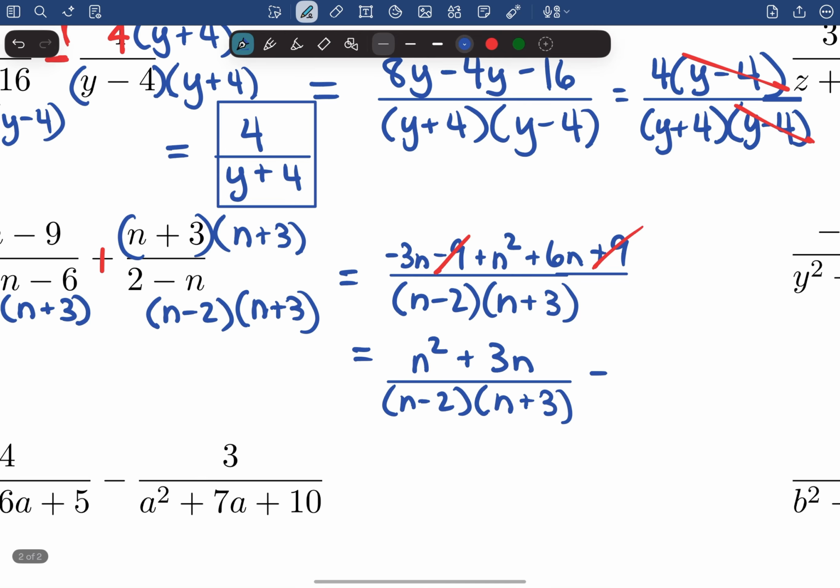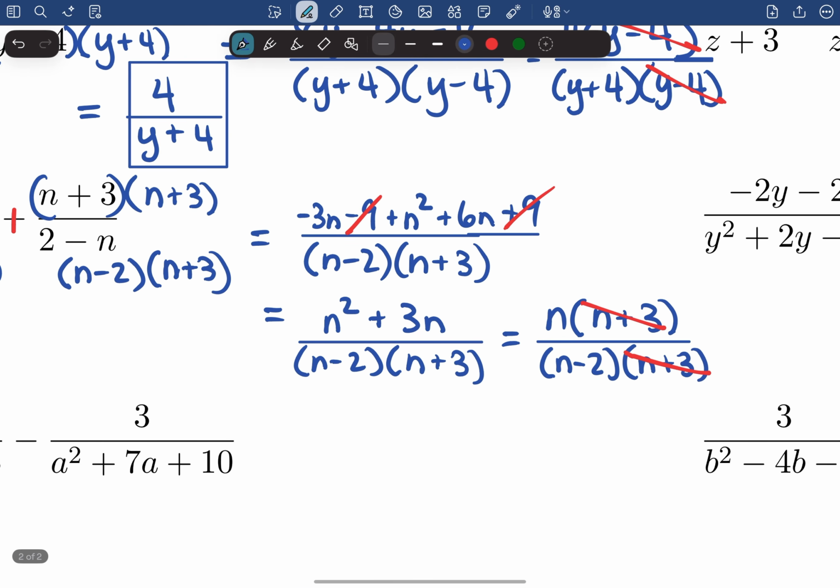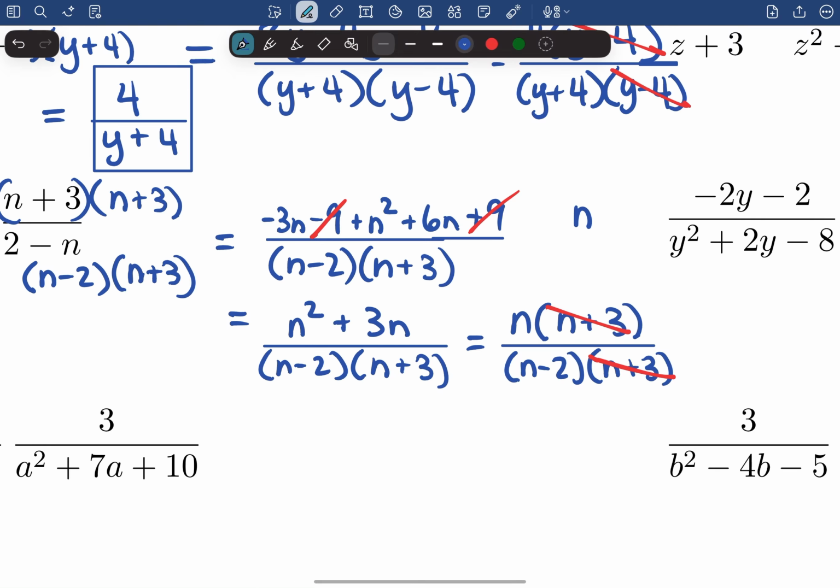So always look for a greatest common factor because the GCF is n, and I'm left with an n plus 3, and that's divided by n minus 2 times n plus 3, and then you get really excited, like I do, because these factors can fight and die. No innocent animals were killed when that happened. And so my final result is n divided by n minus 2. There's my final answer. I'll write it up here. N over n minus 2.